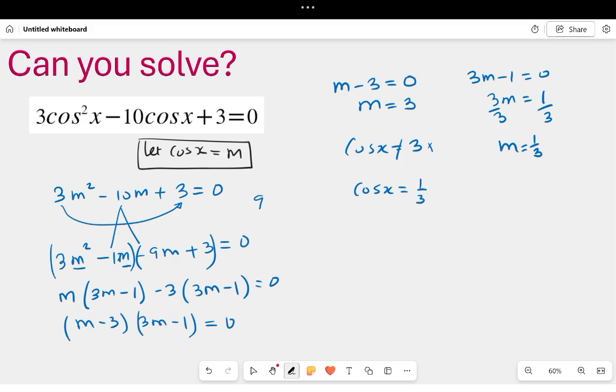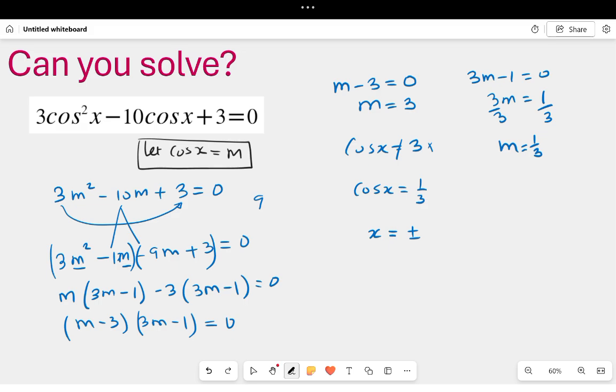Now if I want to find x, in this case we are going to just leave the solution as a general formula. So it is going to be plus or minus the cosine inverse, or the arc cos. I don't know which one you would prefer. You can either use arc cos or cos inverse. It's just the same thing.